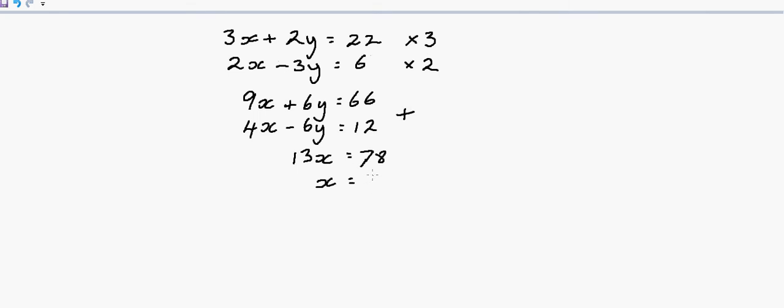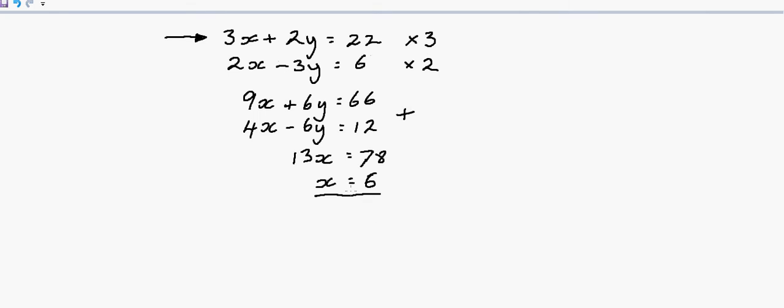So x is 6. And usually this sort of question would probably be on a calculator paper anyway, so you wouldn't need to worry about that. So now I can go to any of these 4 equations. But I want an all positive one, and I want an easy one, so I'm going to go into that one.